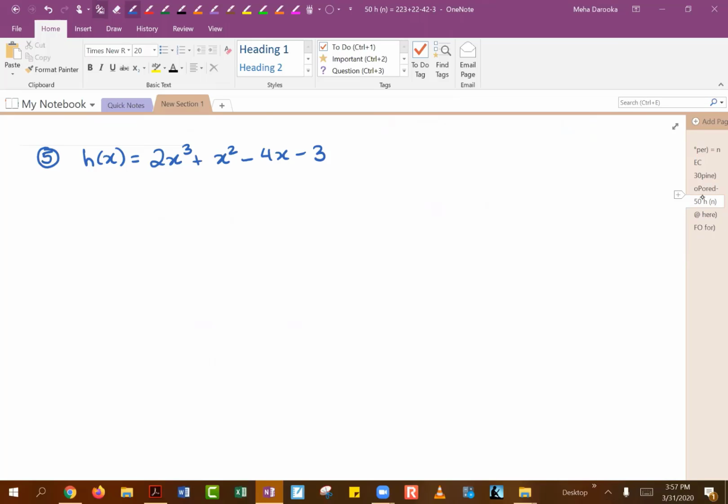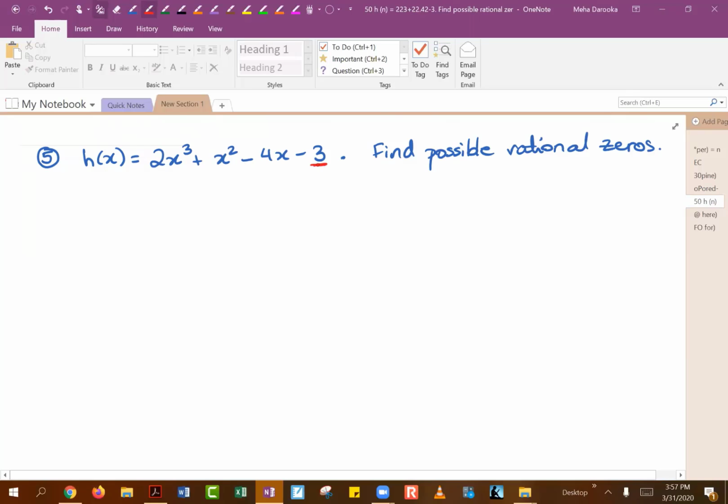Okay, so remember for the rational zeros, and this is asking us to find the possible rational zeros, you are only going to be using the constant term and the leading coefficient term. You don't need any of those middle terms for the rational zero theorem.